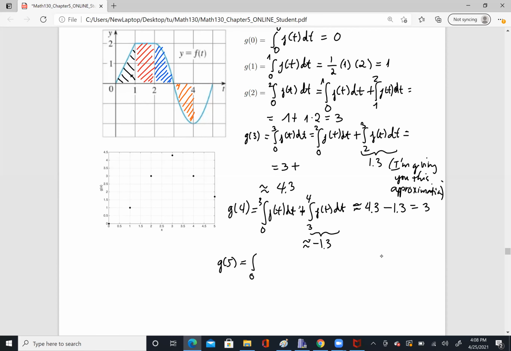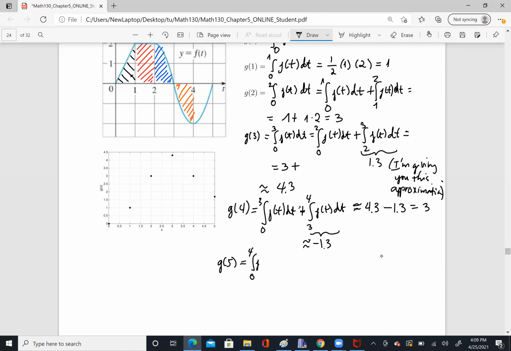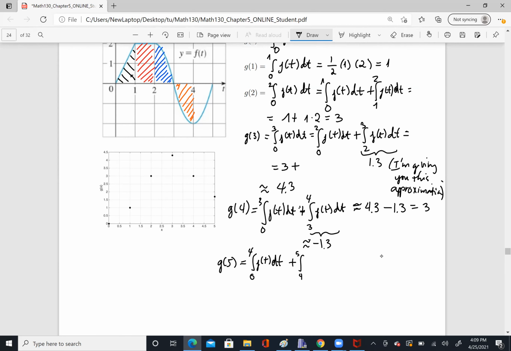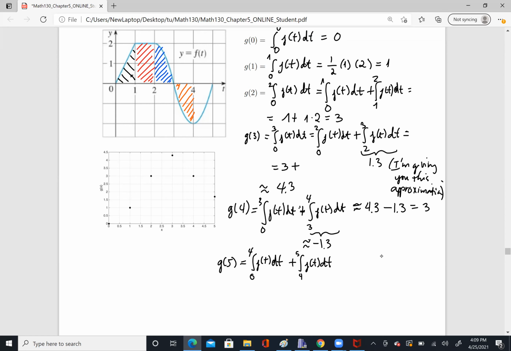And z of 5 is the integral from 0 to 4 of ft dt plus the integral from 4 to 5 of ft dt. You know that this is according to property number 6 of the integral.